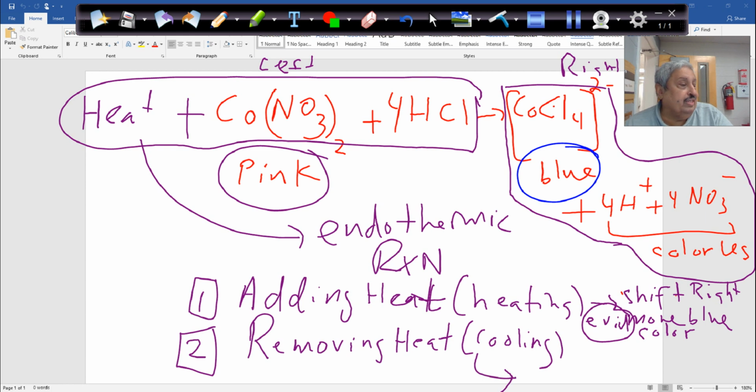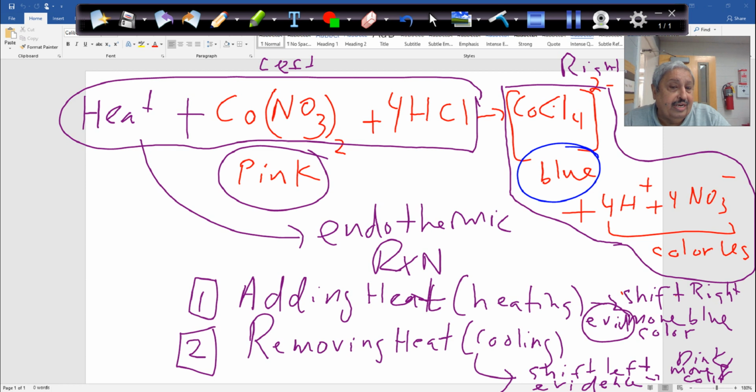You are removing the heat. Where will the shift be? Okay, shift will be to the left. Shift left. And the evidence will be more pink color, correct?